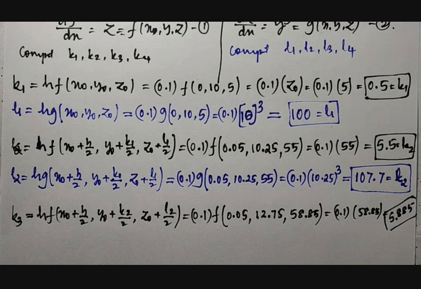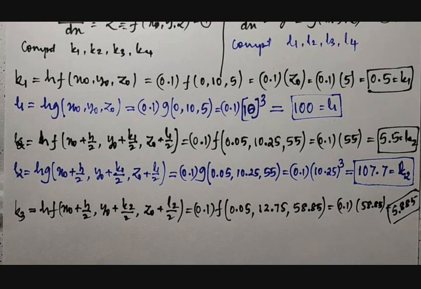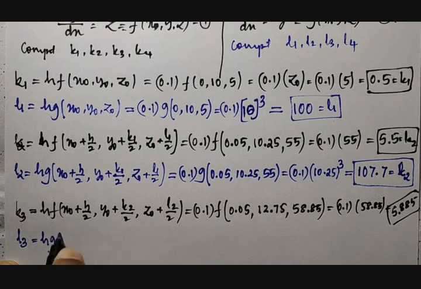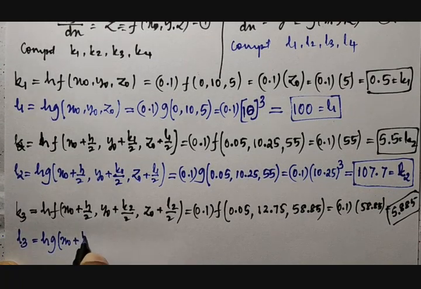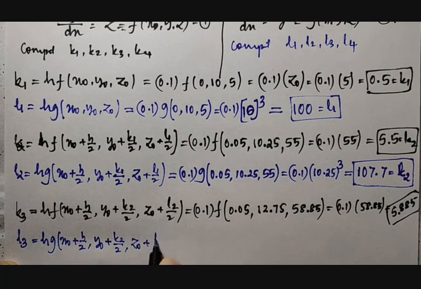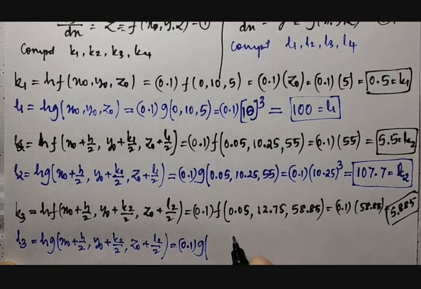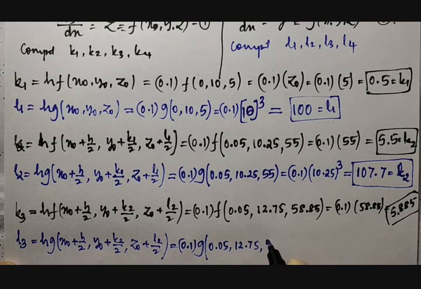Similarly, L3 is equal to h into g of x naught plus h by 2, y naught plus k2 by 2, z naught plus L2 by 2. That is 0.1 into g of 0.05, 12.75, 58.85.